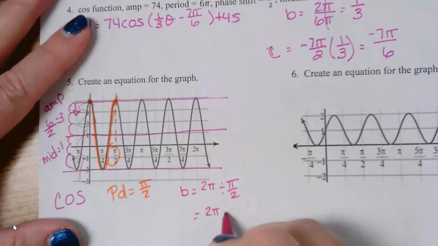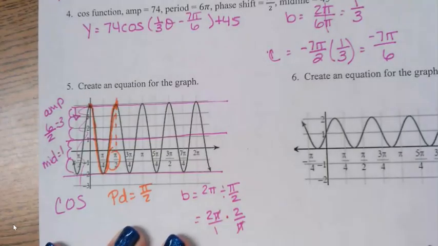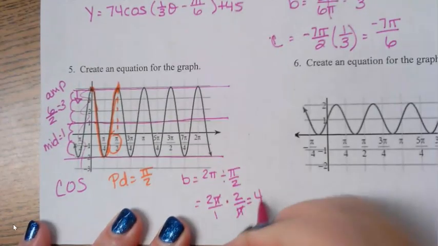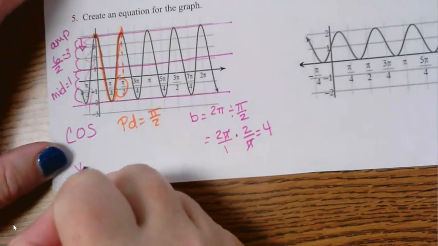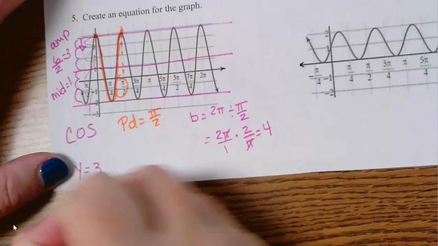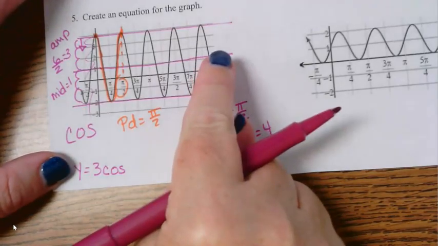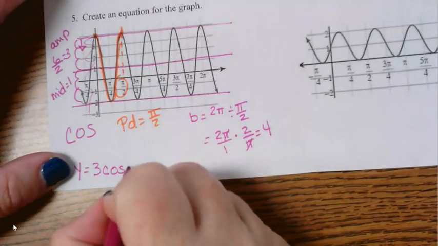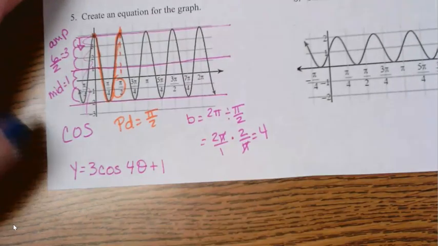Keep, change, and flip. The pi's cancel, and we get 4. Okay, so here we go. Y equals, amplitude is 3, cosine, and there's going to be no phase shift, by the way. No phase shift. So 4 theta plus 1.